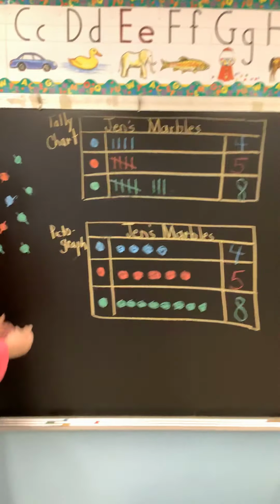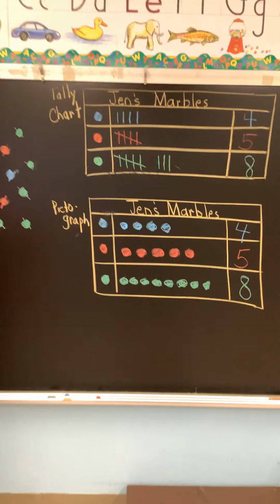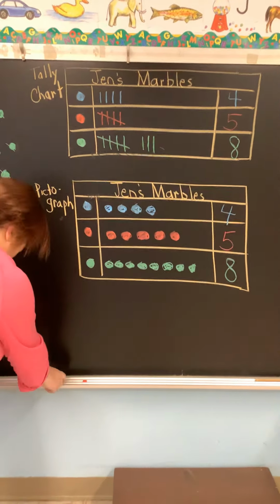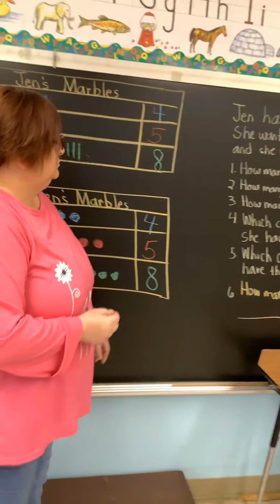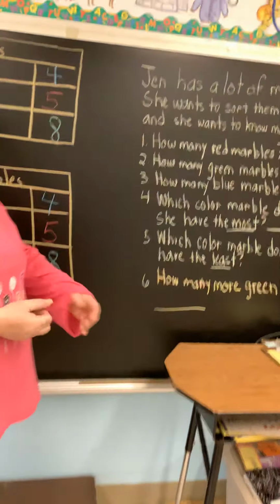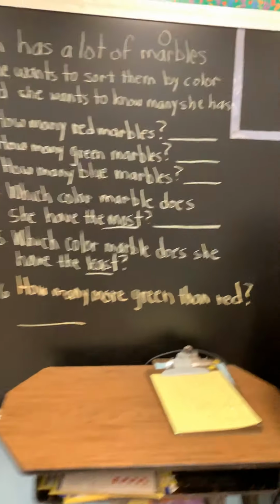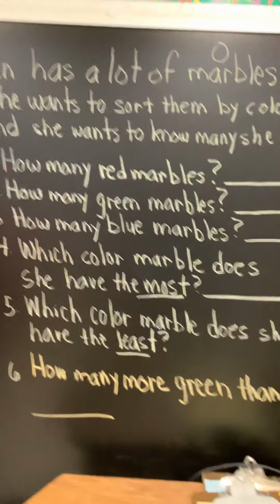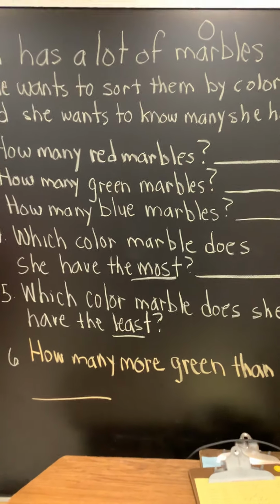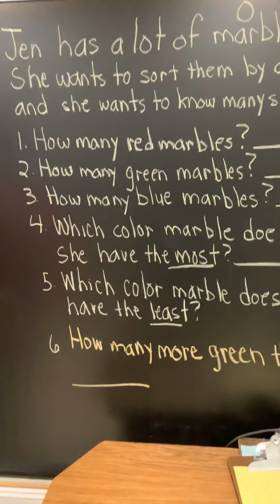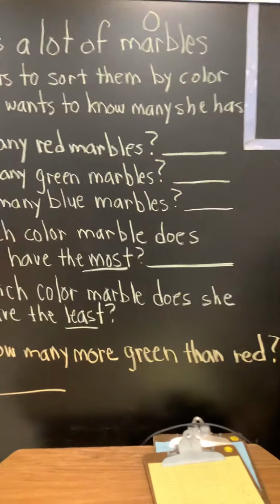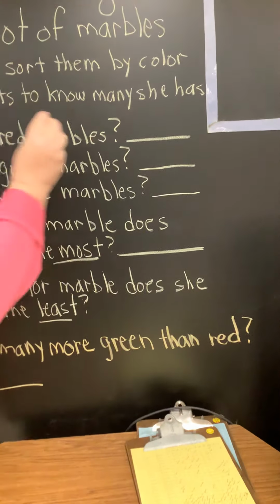Okay, now there's our 2 graphs, and now I'm going to move over to the questions, and Mrs. Souza is going to be able to write the answers now just by looking at the tally chart and the pictograph. Over here, it says, how many red marbles? Now all she has to do is either look at her tally chart or her pictograph, and what number is she going to put there?